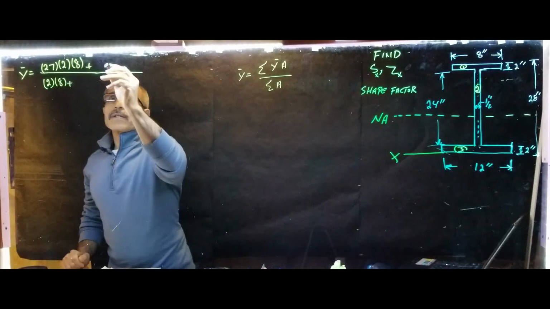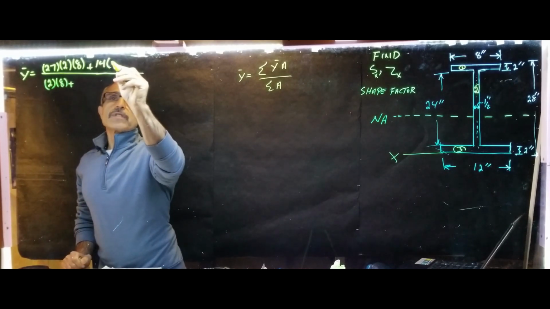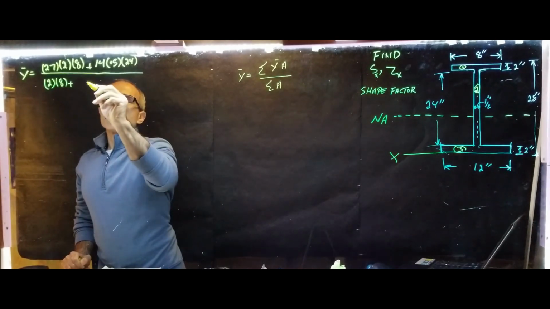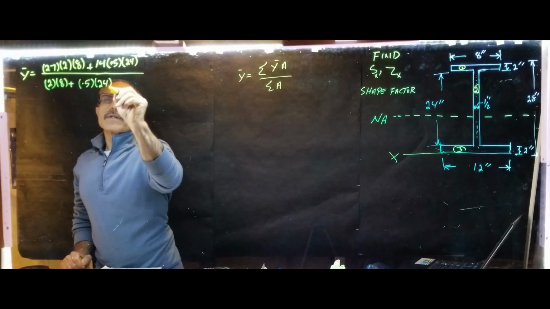So my y bar is 14, multiplied by the area of the web, which is 0.5 times 24, plus.